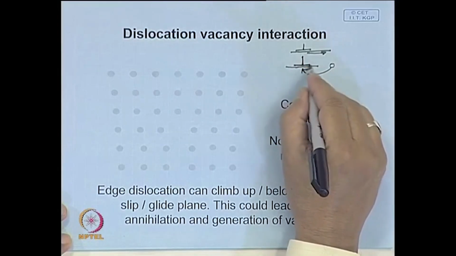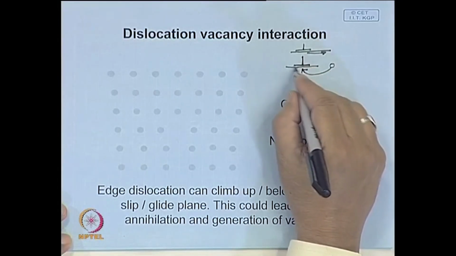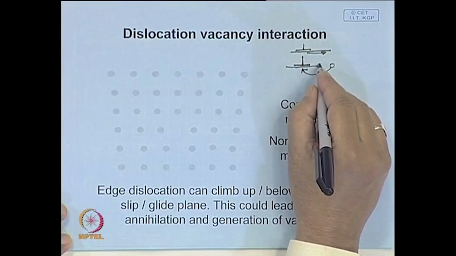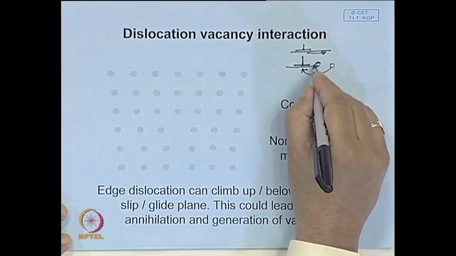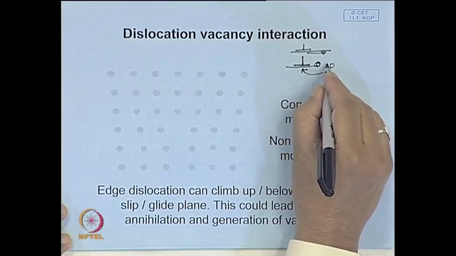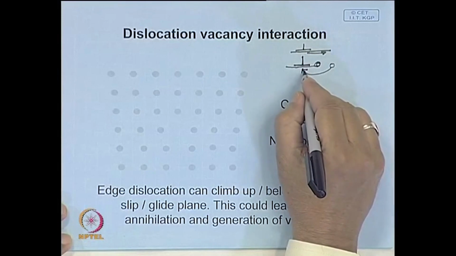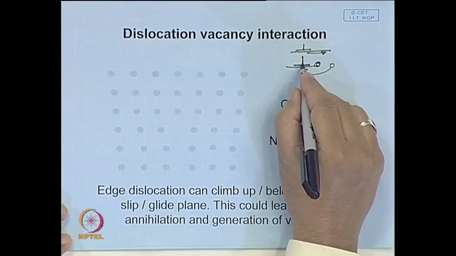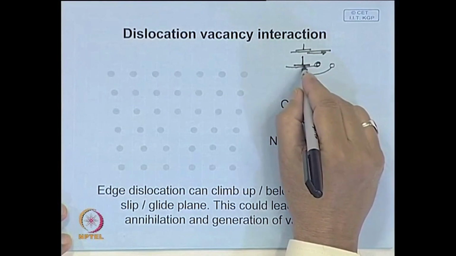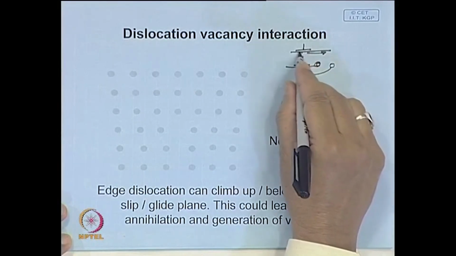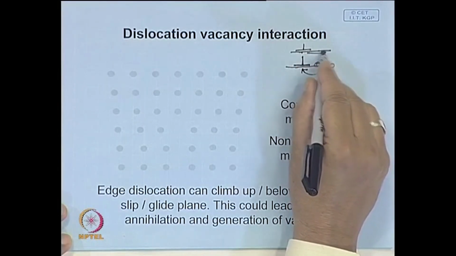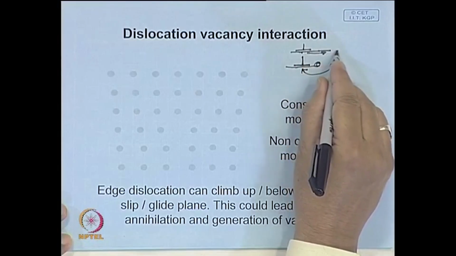If an edge dislocation encounters an obstacle here, later on we will see what the nature of the obstacle is, it cannot move through the obstacle. That is when this vacancy can help this dislocation move. If the vacancy comes here, it moves up. In this plane there is no obstacle, so it is free to move here.